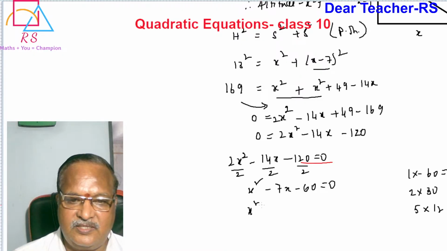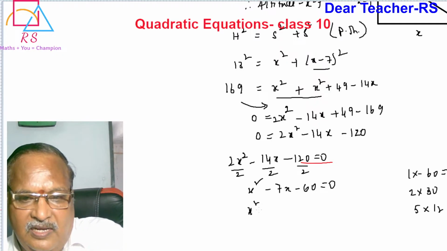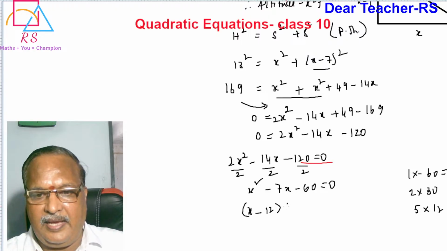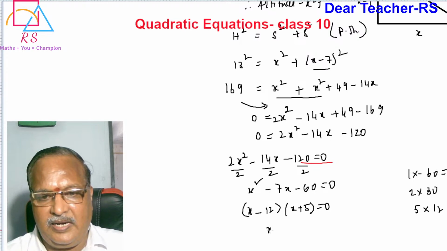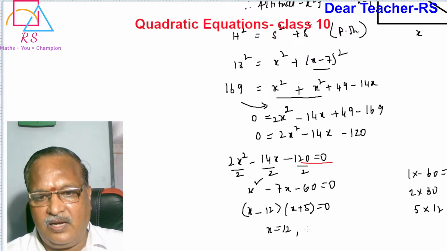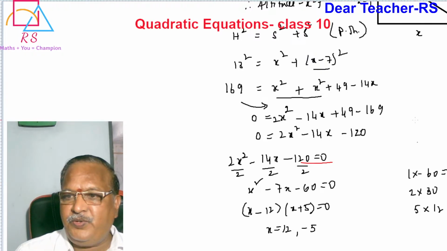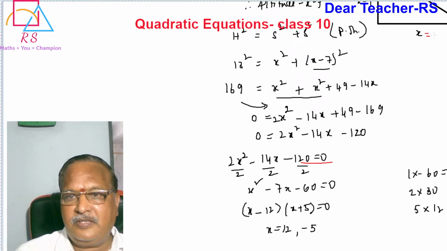So it is, I'll write directly, x minus 12 into x plus 5 is equal to 0, and x is equal to 12 or minus 5. So now which one do you have to take? Because if you take x is equal to minus 5, then the side is equal to minus 5.